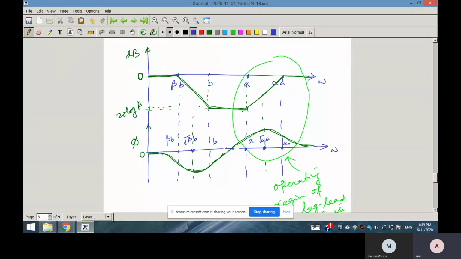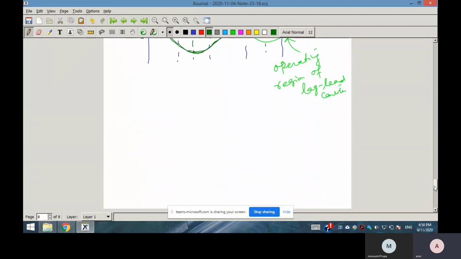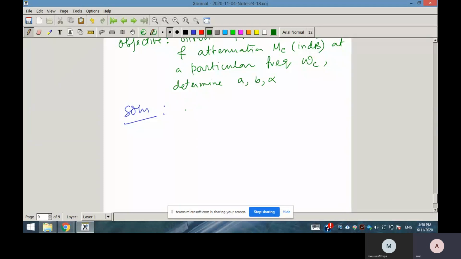That will be 20 log beta. And what is the gain amplification provided by the lead part? Suppose the frequency is here, omega c. As per the equations of the lead part, we will get Mc.